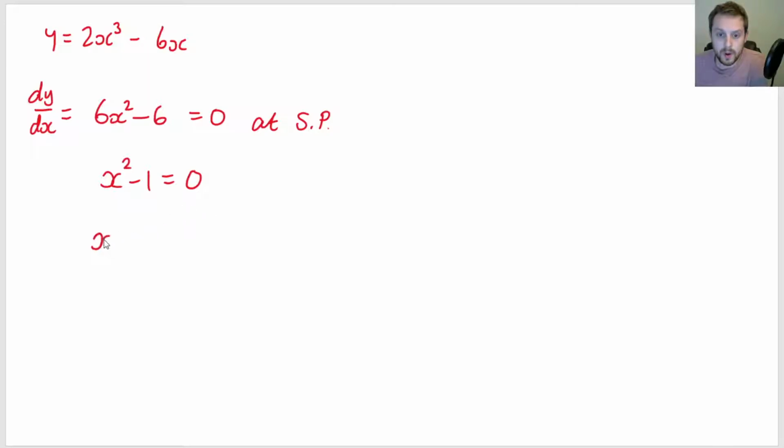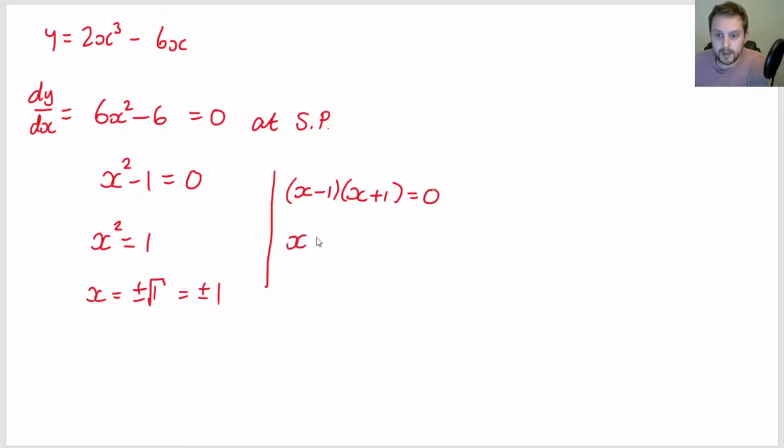So option 1 would be x squared is 1, so x is plus or minus the square root of 1, which is plus or minus 1. Another alternative is to factorize this as the difference of 2 squares, and so there's x equals 1 or x equals minus 1. So either way, you get 2 possible x values.